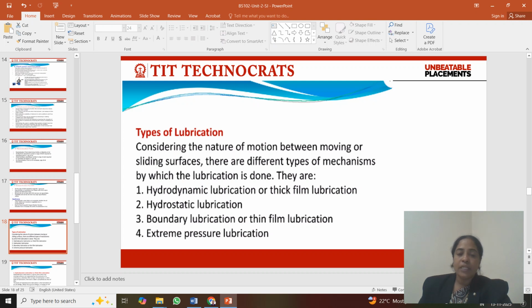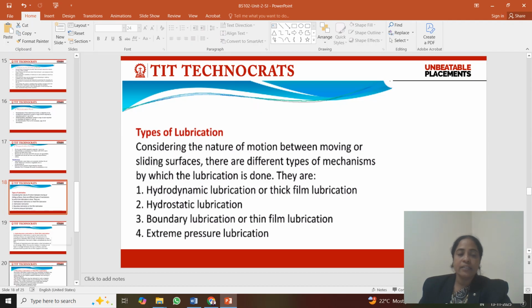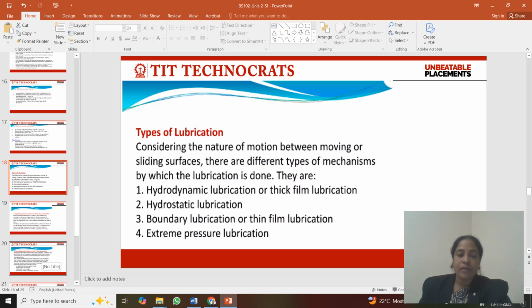While the boundary lubrication or thin layer lubrication is secondary. Extreme pressure lubrication generally occurs at the condition of high pressure and temperature, where the machine exerts higher speed, high temperature and high pressure.